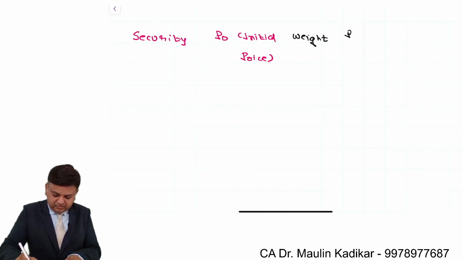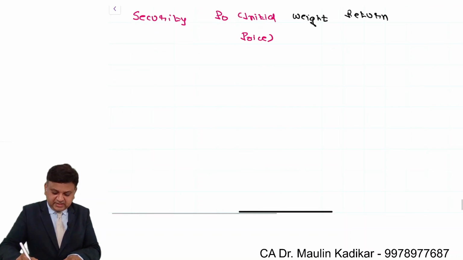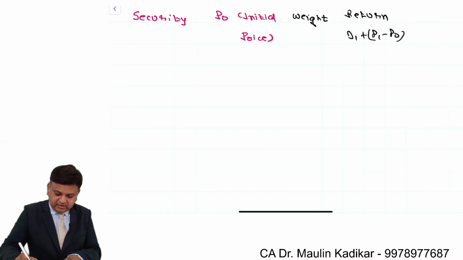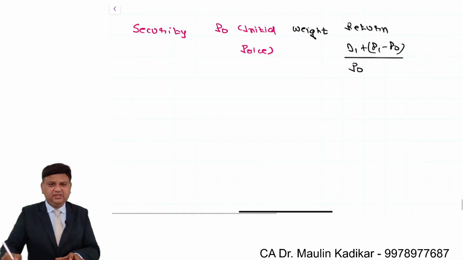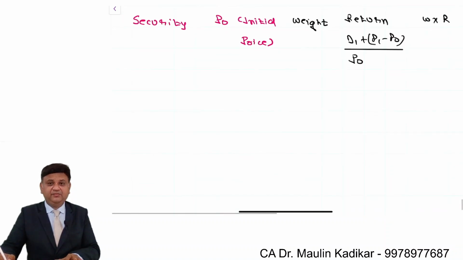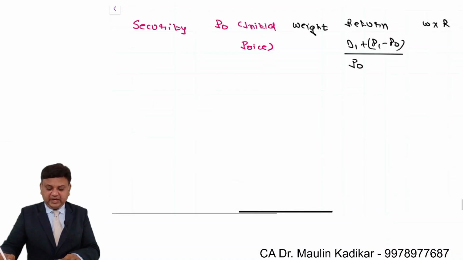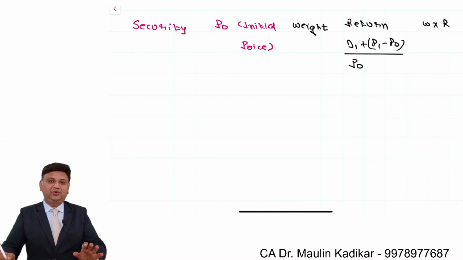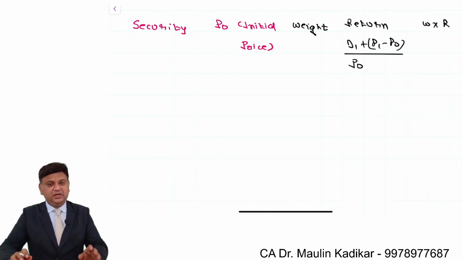Return. Return is calculated as D1 plus P1 minus P0 whole divided by P0 into 100. That is the way the return is found. Then lastly, weight into return. And that is the way the weighted average return will be found. And this is what the return of the portfolio. In this way, we are required to prepare this simple table.